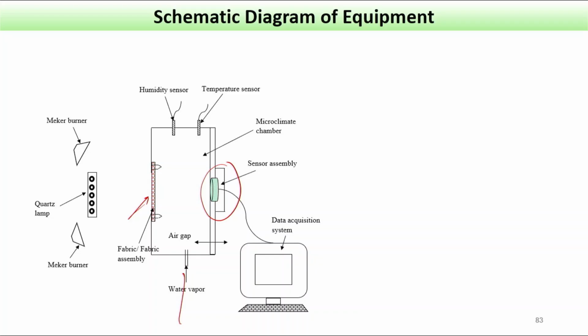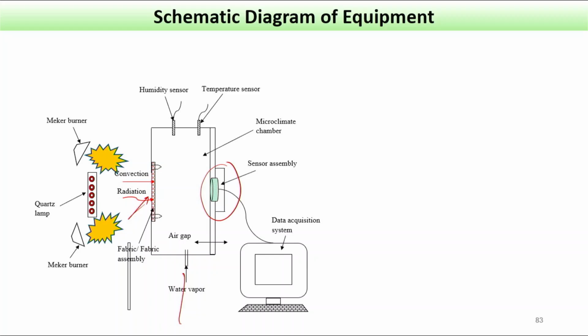The air gap can be changed by moving the slider, and there is a shutter. At the start of the test, the shutter is removed, so the fabric is exposed to the flame or radiant heat. This is the flame and the radiant heat; now the shutter is removed, and then the test starts.